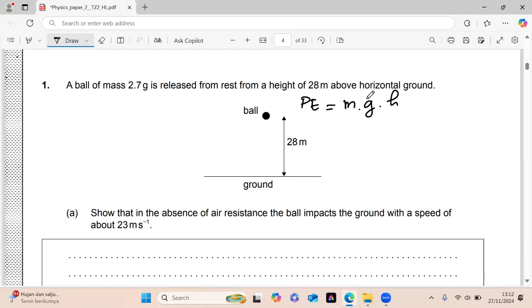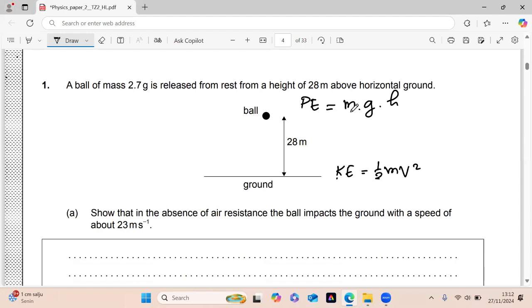And when this ball hits the ground, it has kinetic energy from this position to the ground, and the kinetic energy formula is half m v squared.